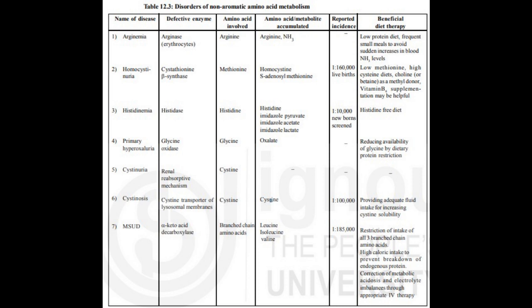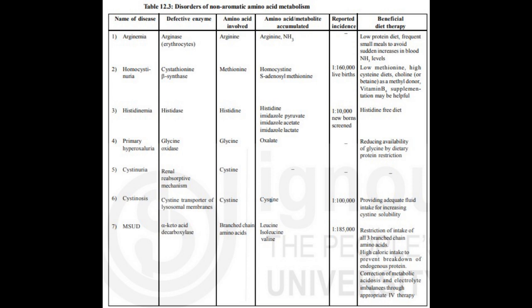4. Primary hyperoxaluria: calcium oxalate urolithiasis, recurrent infection of the urinary tract, widespread deposits of oxalate crystals throughout the body called oxalosis. 5. Cystinuria: cystine calculi. 6.